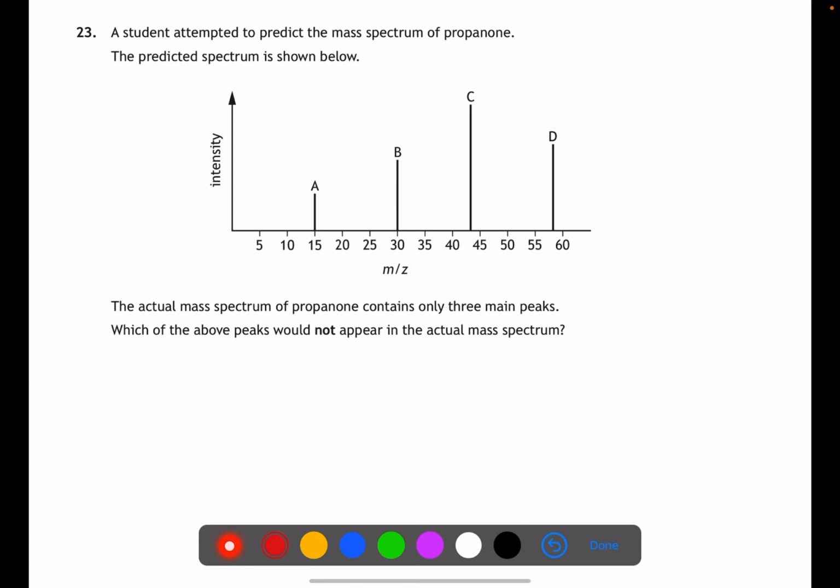Question 23. A student attempted to predict the mass spectrum of propanone. A predicted spectrum is shown below. The actual mass spectrum of propanone only contains 3 peaks. Which of the above peaks would not appear in the actual mass spectrum? So to do this, we need to draw out the structure of propanone. One of the peaks that you would see in a mass spectrum would be for the whole mass of this, which would be the molecular ion.